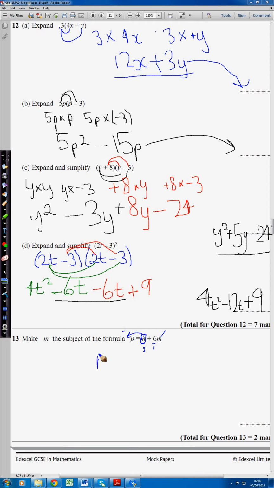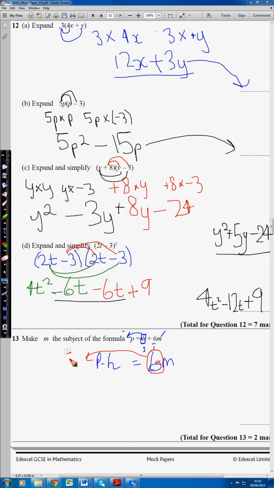So we now have p minus h is equal to 6m. Now, we need to move the multiply by 6 over now. So that was a times by 6, don't forget it's times 6, 6m, that comes over this way, becomes a divided by 6.